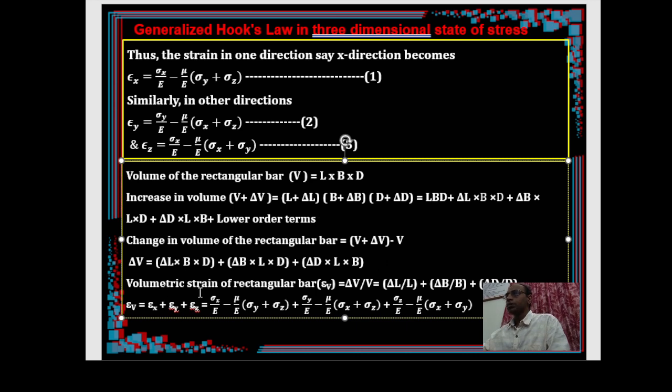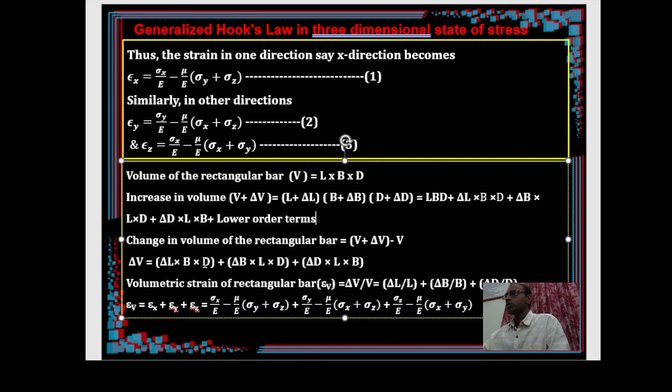Now if I want to get the volumetric strain, which by definition is the change in the volume to the original volume. So the change in the volume is delta L BD, this quantity we have worked out, and it is divided by the total volume.